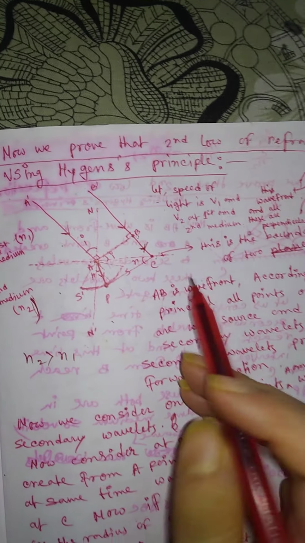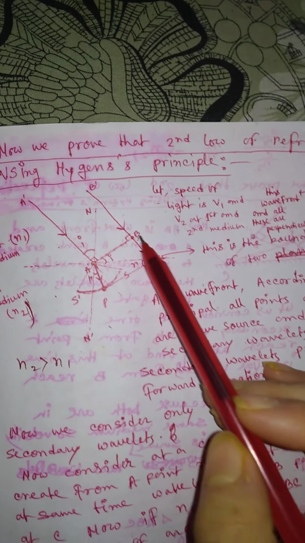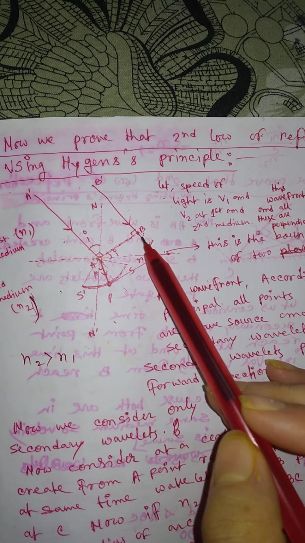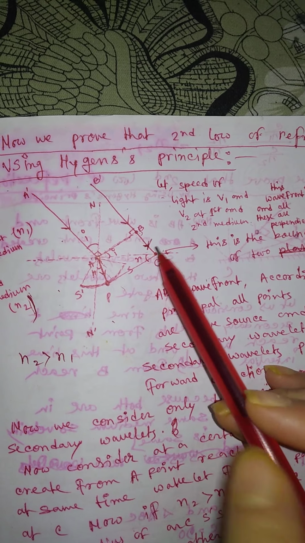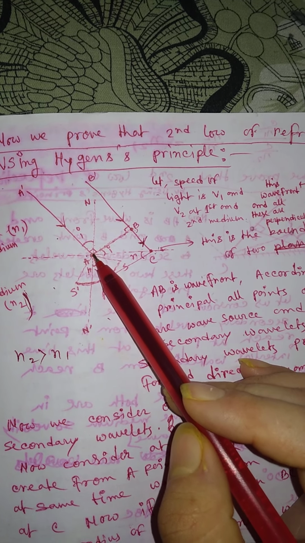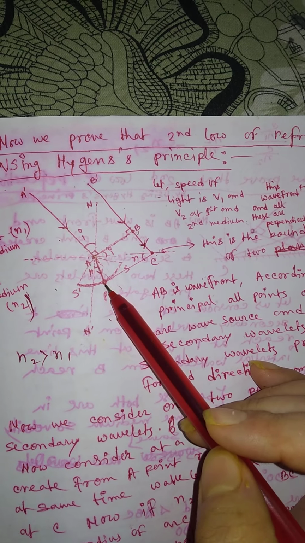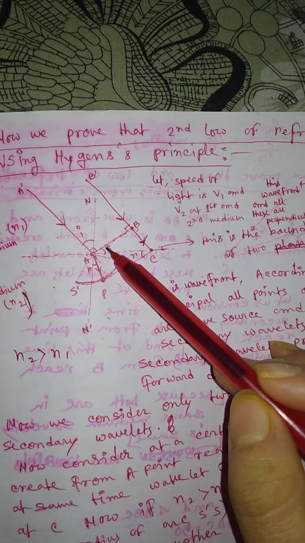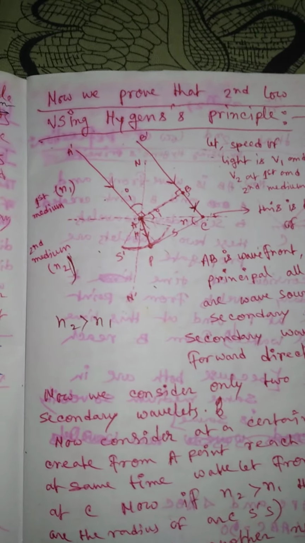So here, just look at here, light from the B point is moving along this direction and light from the A point is moving along this direction. If AB is the wave front, then according to Huygens principle, each and every point on this AB wave front behaves like a wave source, right?